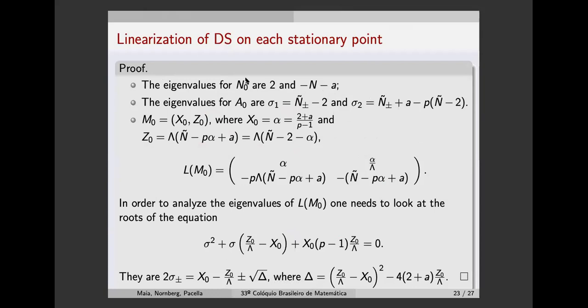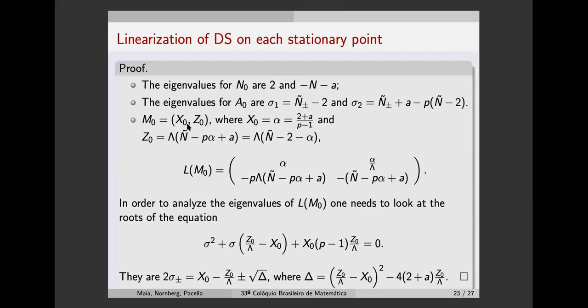There is a stable manifold with this eigenvalue associated, and this is the vertical axis, and an unstable manifold with this eigenvalue associated, which is the one corresponding to the other direction. The eigenvalues for A0 are sigma 1, given by this difference, and sigma 2, given by this sum.